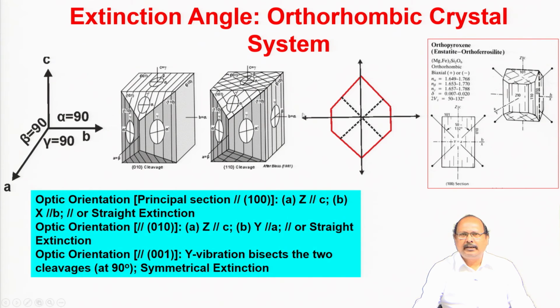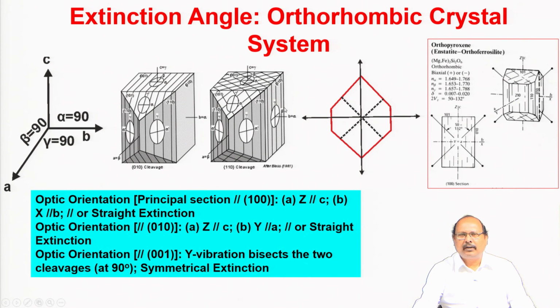This is your B crystallographic axis, which coincides with the x vibration direction. In this plane, the trace of this vertical cleavage is this line, which is parallel to the C crystallographic axis, and in this direction is your z vibration direction, and this will be your y vibration direction. In this particular case, the crystallographic axes and the vibration directions coincide.